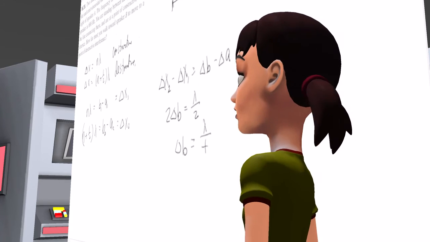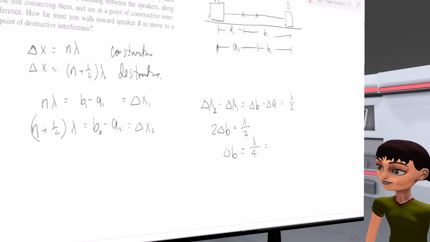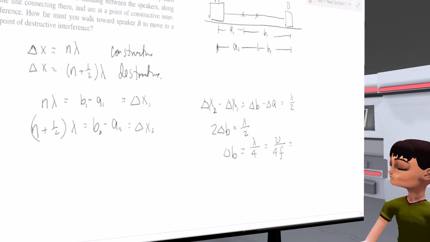Wavelength, of course, is the velocity divided by the frequency. And the velocity is that of sound in air.